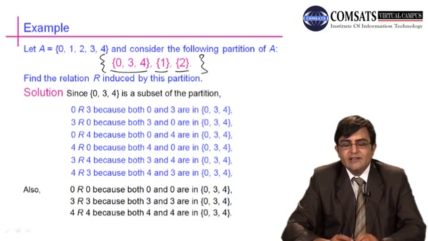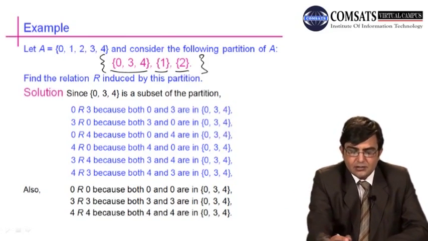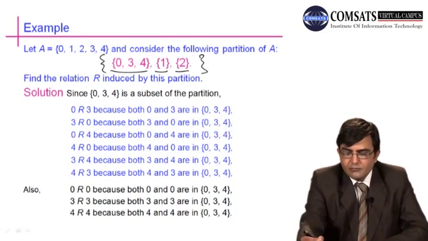Now we find the relation R induced by the partition. What is the definition of the relation induced by a partition? That any two elements in A are related if they belong to the same set. Now here you can say that 0 is not related to 1.